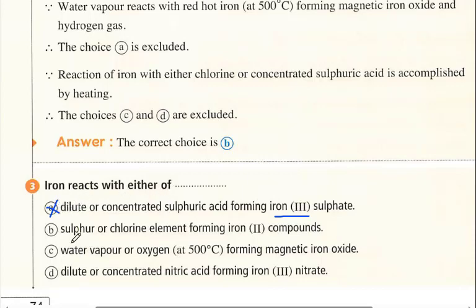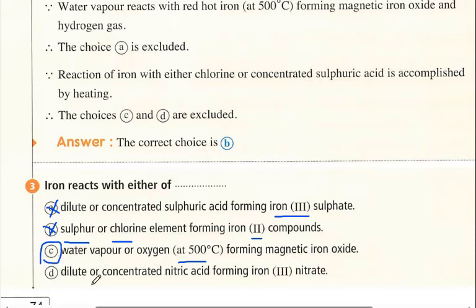Iron reacts with sulfur, forms ferrous sulfide, iron 2 sulfide, or with chlorine, and forms iron 3 chloride. Not in both cases iron 2. So this is not correct. It reacts with water vapor or oxygen at 500 degrees Celsius forming magnetic iron oxide Fe3O4. Yes, it is correct.